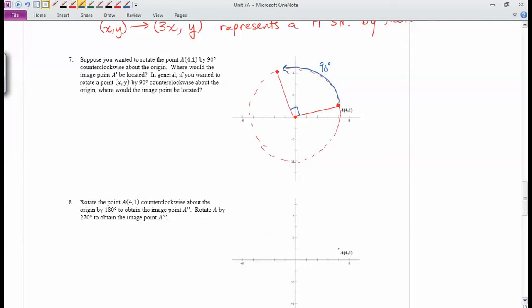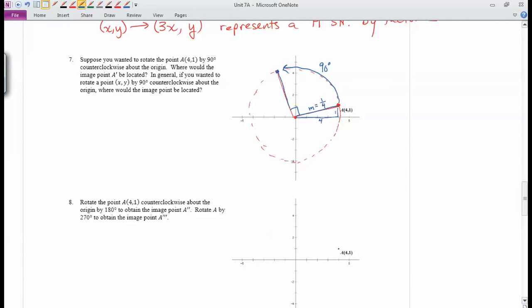And so one thing that we can do to figure out where that image point ends up, other than just trying to eyeball it, is by saying, well, we know that perpendicular lines have slopes that are negative reciprocals. And if you tried to figure out this guy's slope, well, it's 4 across and 1 up. So this slope is rise 1 over run 4. So 1/4.